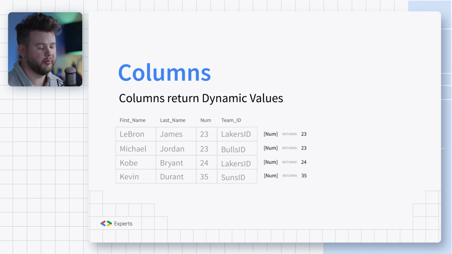For an example, LeBron James's record, if you were to run that num column expression, it would return 23. However, someone like Kobe Bryant, on his record, it would return 24. To see this in action, let's look at Kevin Durant's. Kevin Durant's number is 35, and so on his record, that num expression would return the number 35.